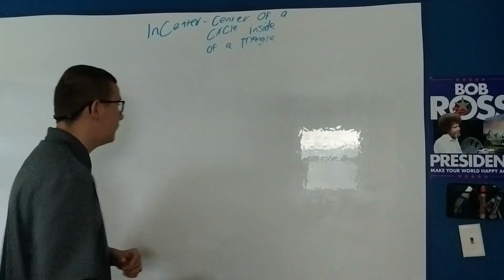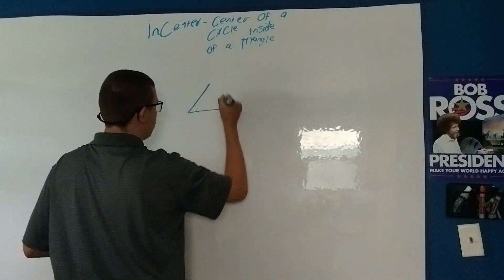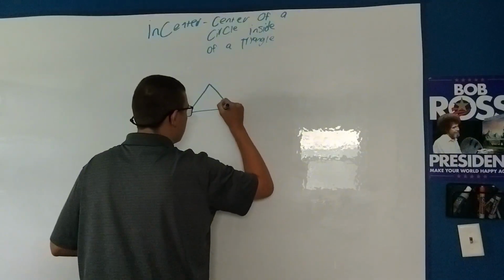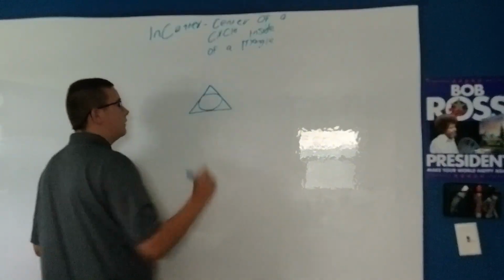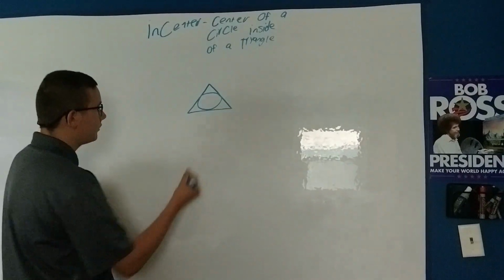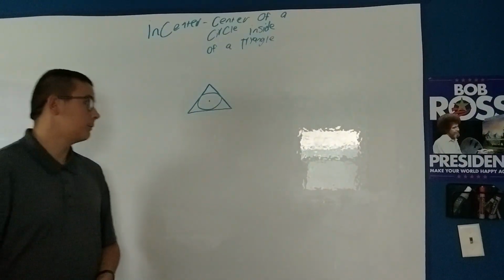So what that would look like is if we had, again, our triangle here, we'll do an acute triangle this time, and then we drew a circle inside of it that touches all 3 sides. We want to be able to find the center of this circle about right there.